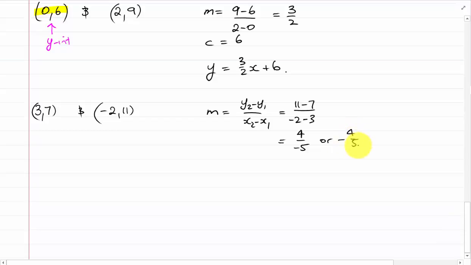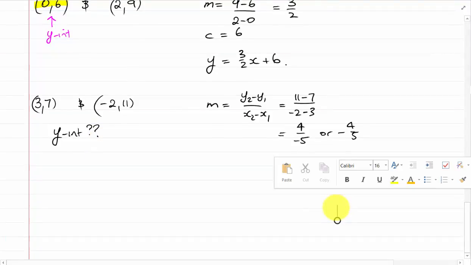But in this question we don't have the y-intercept, so we have a little bit of a problem. In fact I suspect that the y-intercept is not just a nice easy whole number. So here is a formal way of calculating the y-intercept.